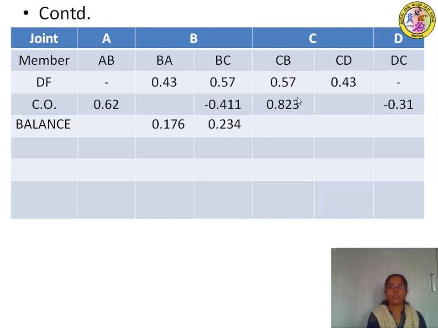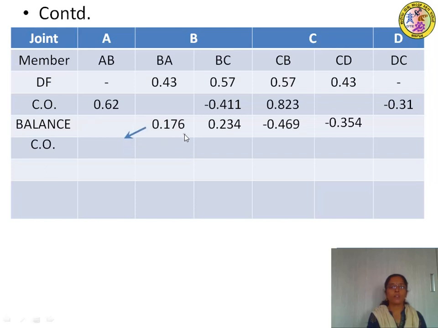Next, joint C is imbalanced by 0.823. Therefore, balancing moment will be minus 0.823. So, minus 0.823 into 0.57 will be equal to minus 0.469, and minus 0.823 into 0.43 will be equal to minus 0.354. Next, the carrying over from BA to AB.